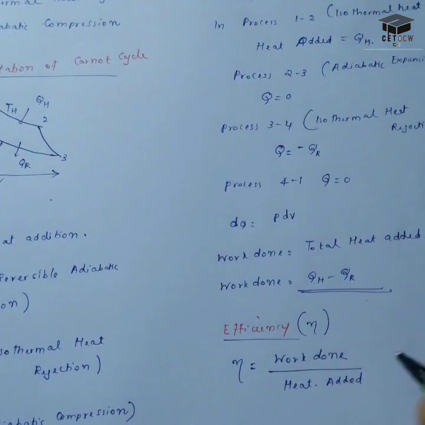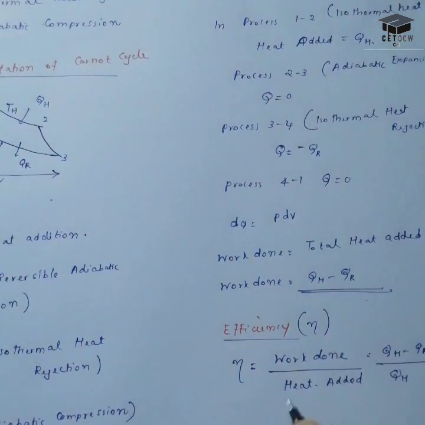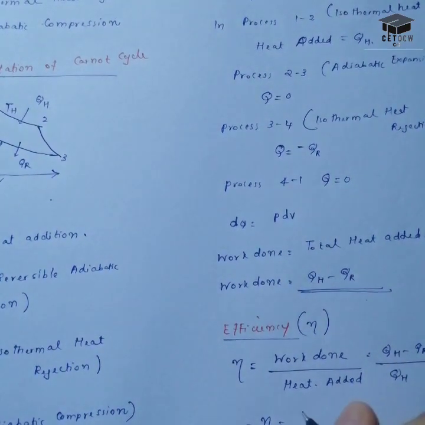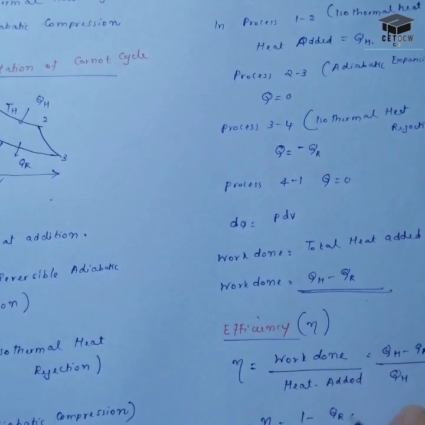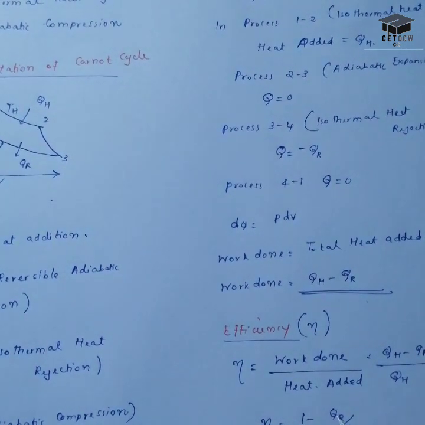We know work done is equal to QH minus QR, and heat added is QH. So efficiency is given by 1 minus QR by QH. This is the basic formula.